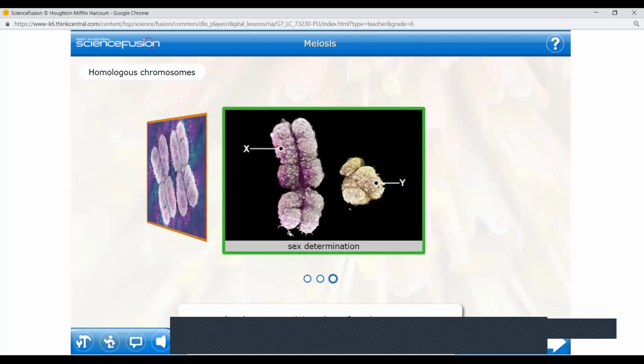One chromosome pair is made up of sex chromosomes. This pair controls the development of sexual characteristics. In humans, these chromosomes are called X and Y chromosomes. Females have 2 X chromosomes, and males have 1 X and 1 Y chromosome.